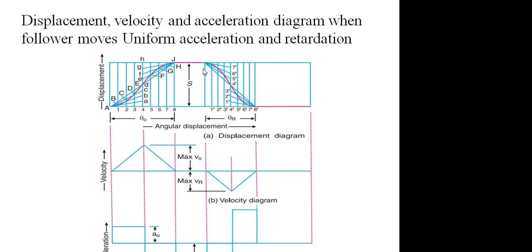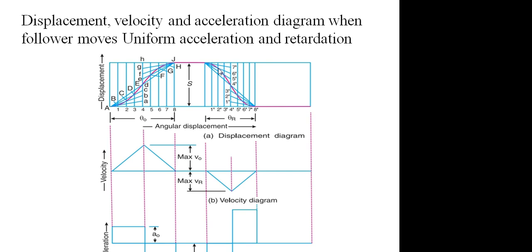In a similar way, in the return stroke, the curve should come from top to bottom. So here, join the top left corner of theta R to 7 dash, the same corner to 6 dash, the same corner to 5 dash, 4 dash, 8 dash, likewise. The first line intersects the first vertical line 1 dash at this point.